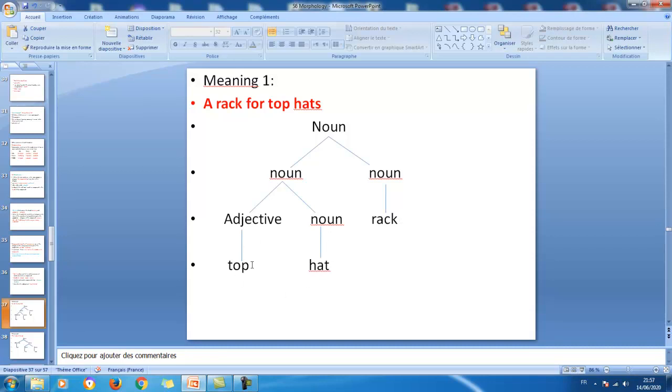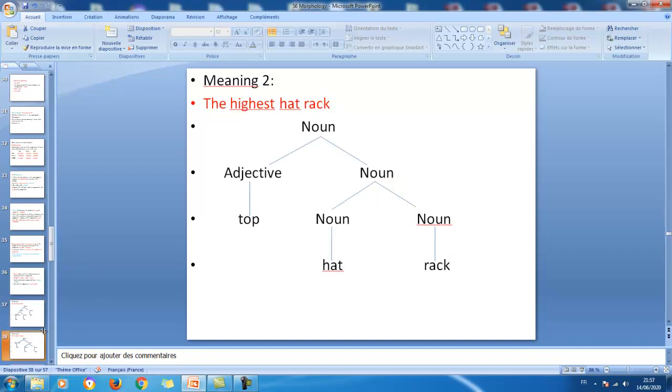These two things together qualify, define rack. Now the second meaning is the highest hat rack. Here top alone, meaning the highest, modifies hat rack as one unit. So we have issues of ambiguity even in the structure of compounds.